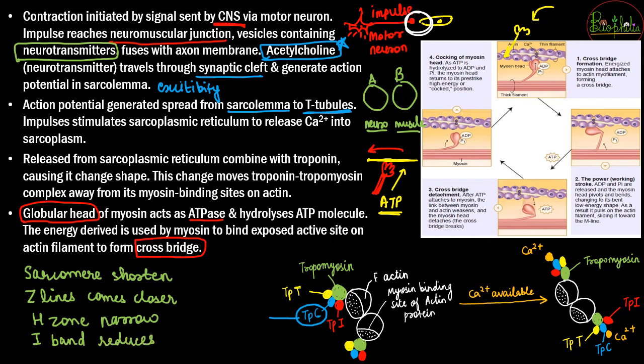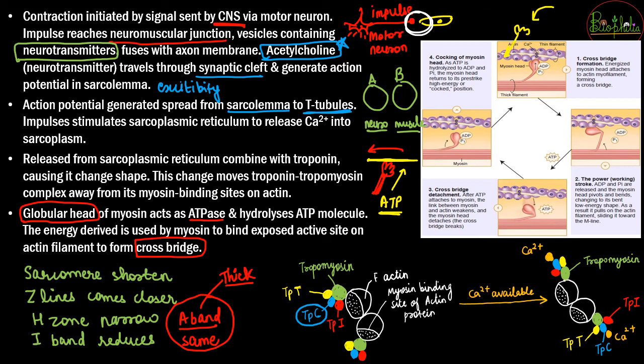And one very important thing that does not easily come to understanding is the A band. What happens to the A band? The A band is the same, there is no change, nothing happens to the A band, because the A band is your thick band. In the thick band there are no changes, because the thin filament is going to slide over the thick filament, and nothing is happening to the thick filament.